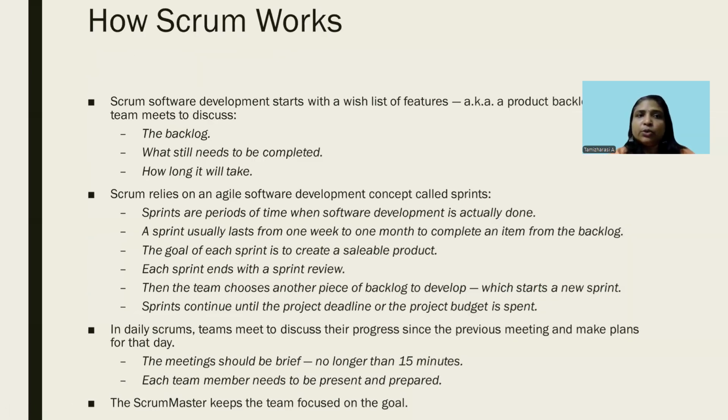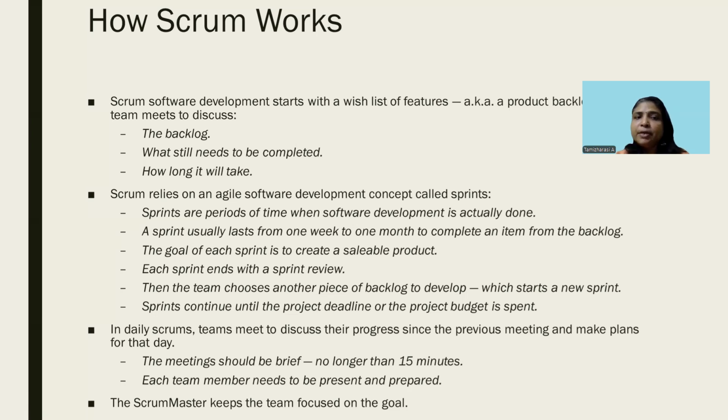As I told you, Scrum development starts with a list of features. Then the team will meet and finalize the product backlog, and then they will come up with the sprint backlog. Assume a sprint is a particular iteration.